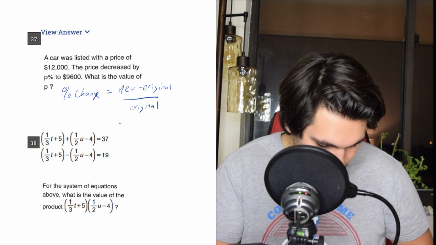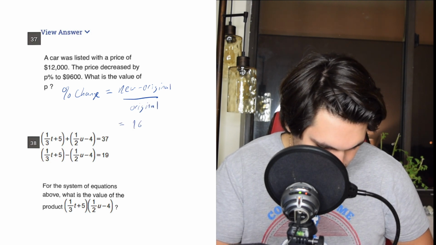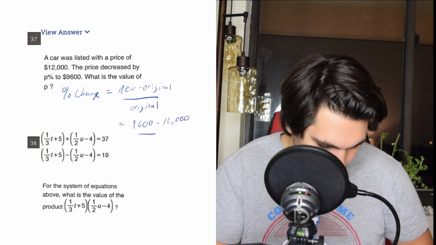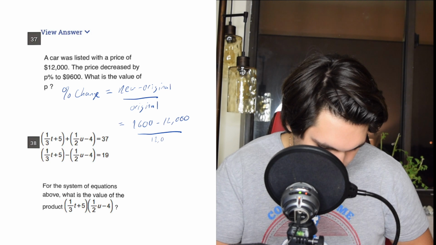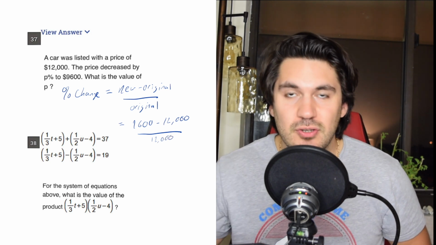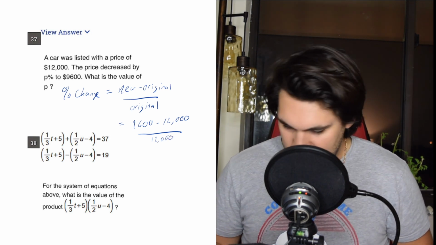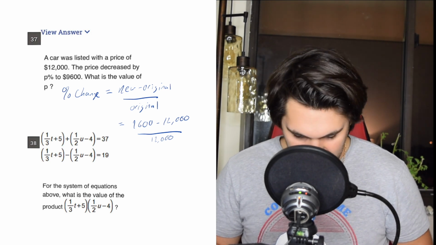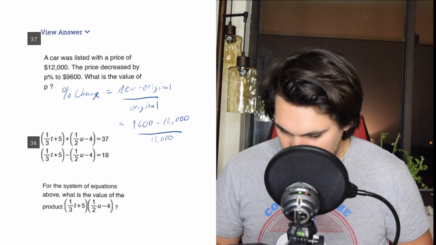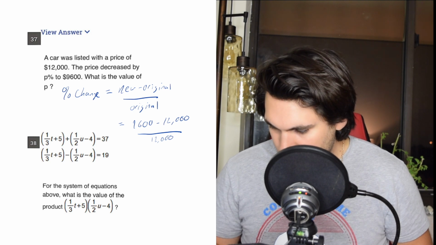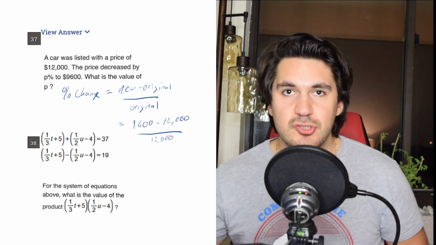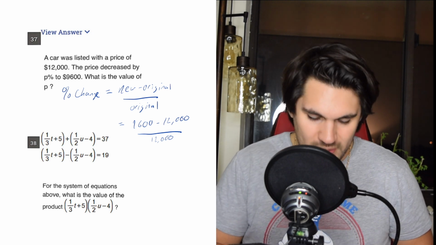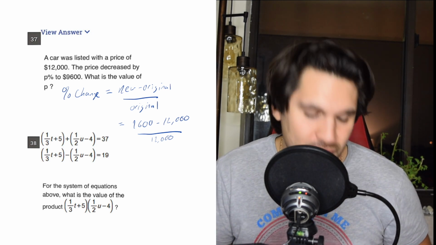So this is just going to be 9,600 minus 12,000 over 12,000. Stick that into your calculator. Let's see, 9,600 minus 12,000 equals divided by 12,000. So I got minus 0.2, which means it went down by 20%.